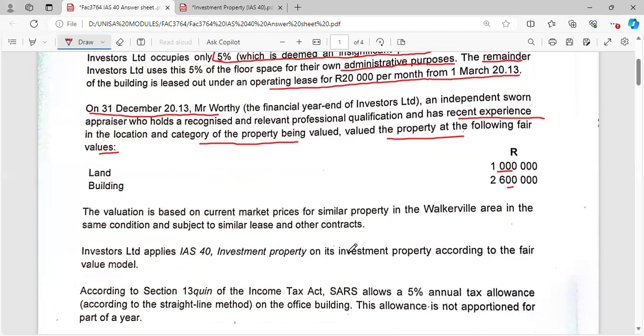Right, then they say the valuation is based on current market prices for similar properties. Then Investors Limited applies IAS 40 investment property on its investment property according to the fair value model.